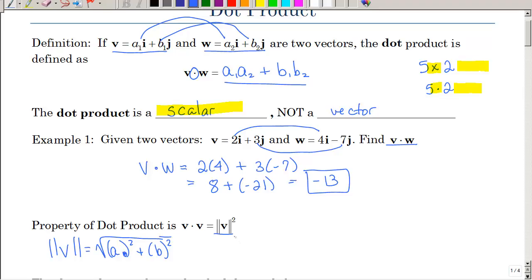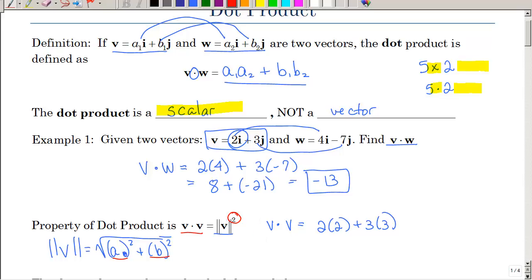So let's take vector v here, and I want to say v dot v. What's going to happen? I would say 2 times 2, the i component times itself, plus 3 times 3. Well, hopefully you can see that that's a squared plus b squared. We just haven't taken the square root, and that's why if you dot a vector with itself, you get its magnitude squared.